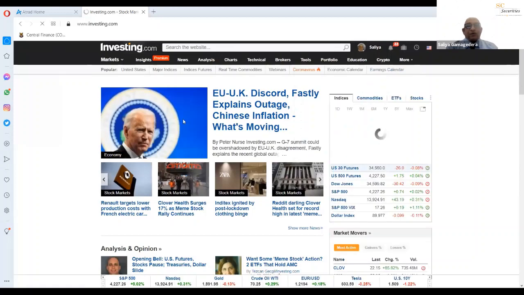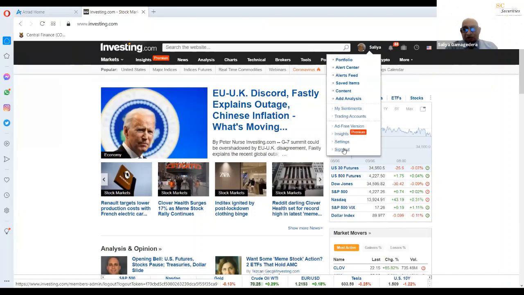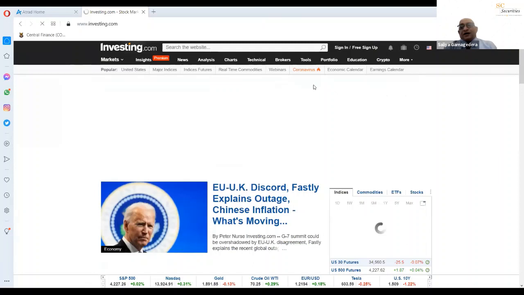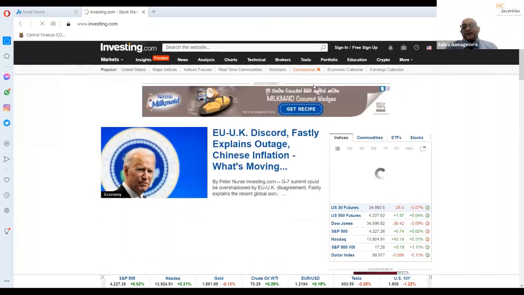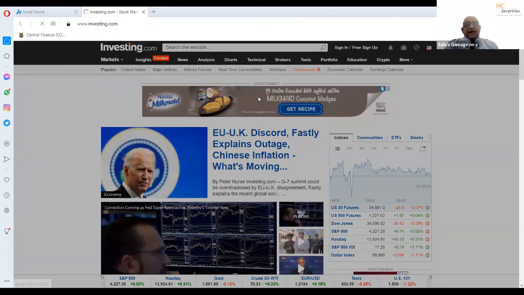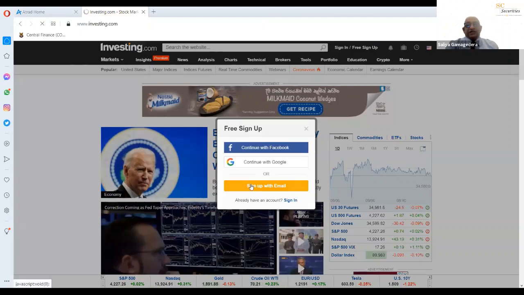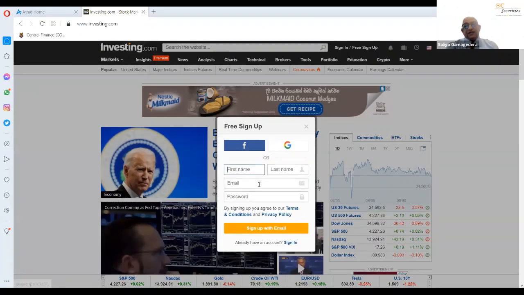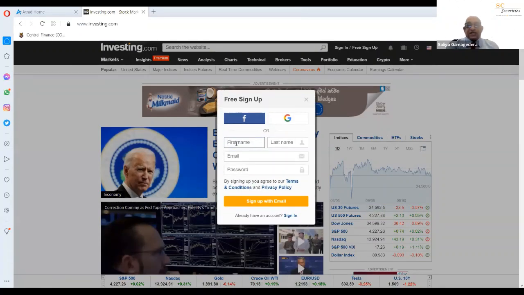Once you come over here, of course I have logged in through my signing in credentials. I suggest that this is a free sign up, so it will be worthwhile for you all to fill up the sign up form and get going with it. You can either use your Facebook credentials or Google credentials, or you can use your email to sign up.